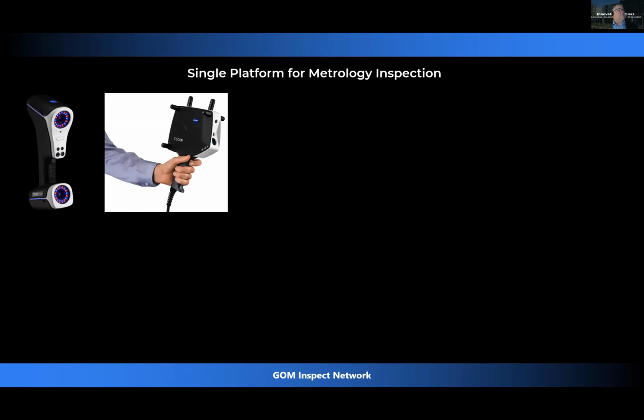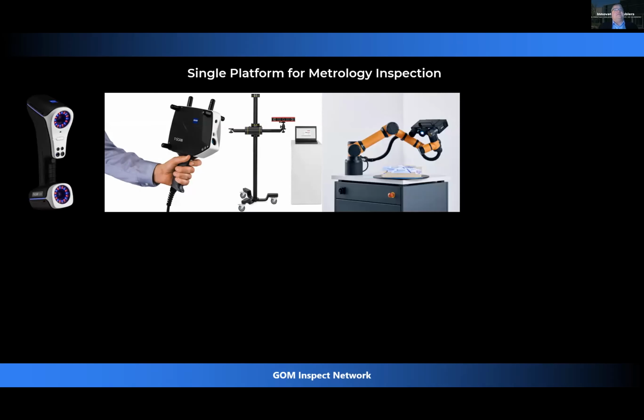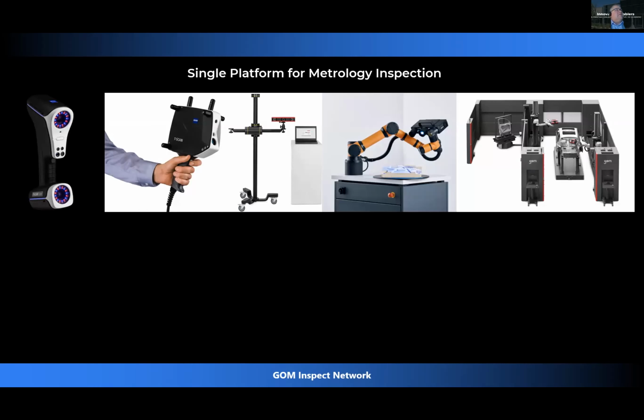I'm going to just highlight the way that GOM does this, that if you go all the way up from a handheld scanner, something that you may use on the front of a bus, the front of a tractor or front end loader, something that's small, portable, gives you lots of data, all the way up through larger optically based trackers, higher accuracy plant level systems, robot systems at the component level, robot systems at final assembly.